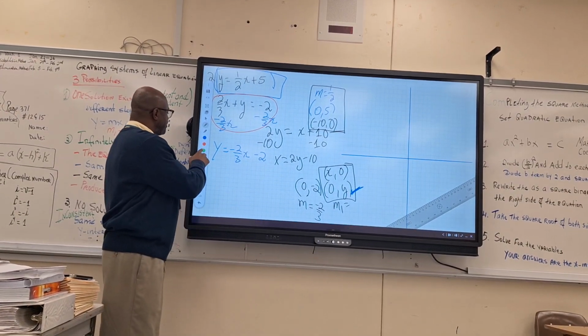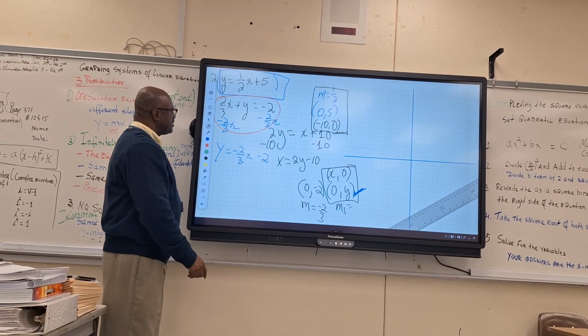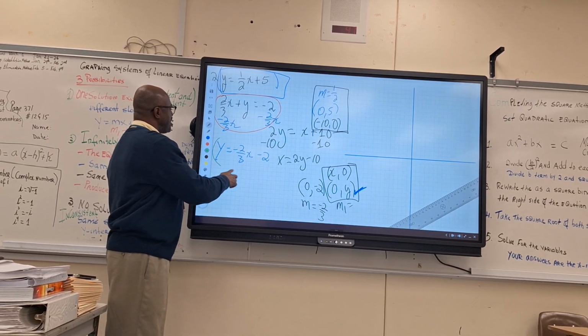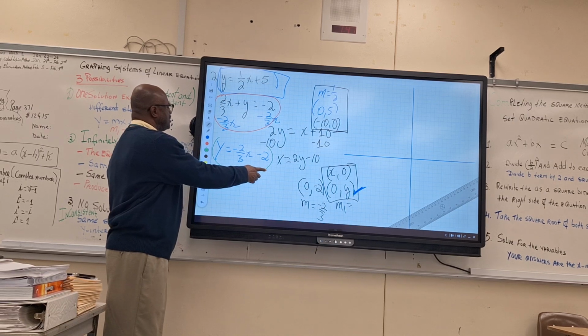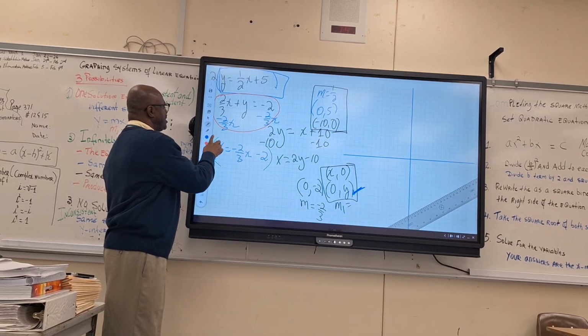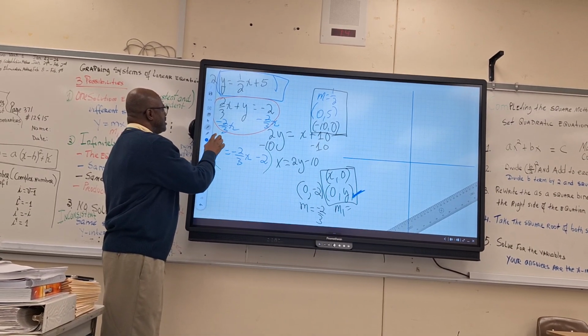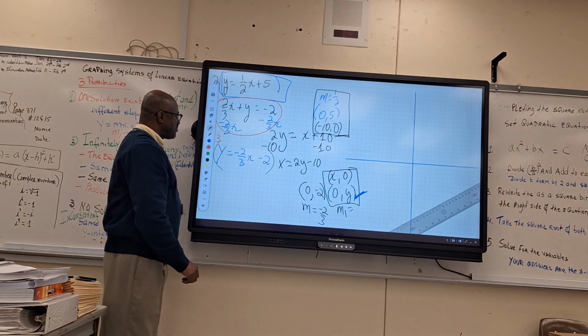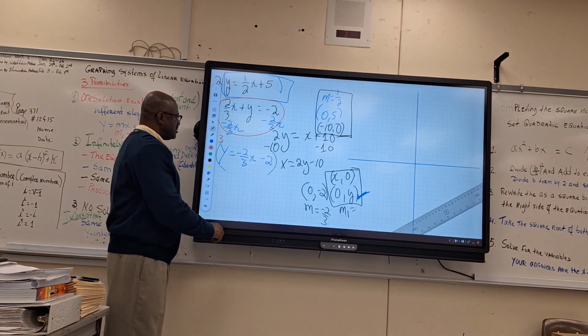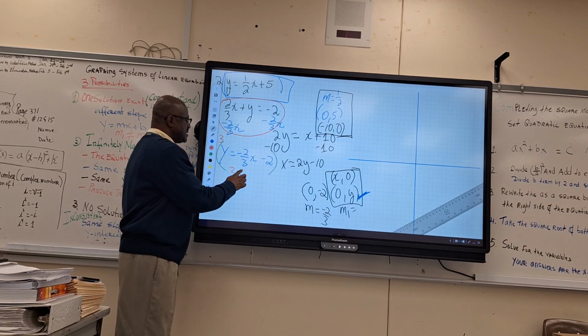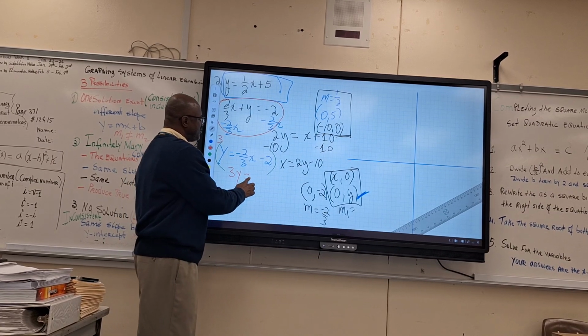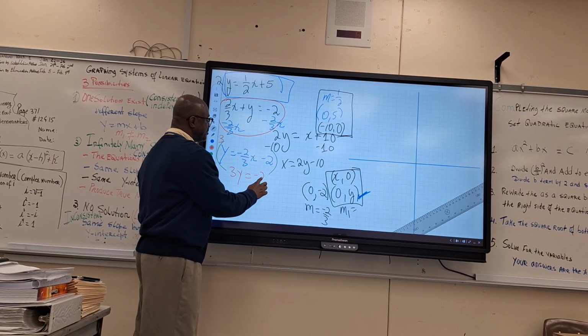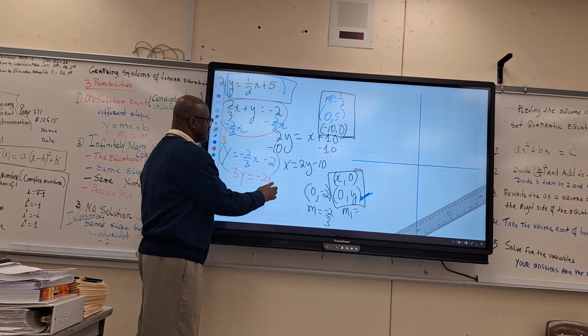So once again, we're going to do the same thing to get x. Multiply this by what? By 3. If you multiply by 3, what do you end up with? 3y equals, be careful, negative 2x minus 6.